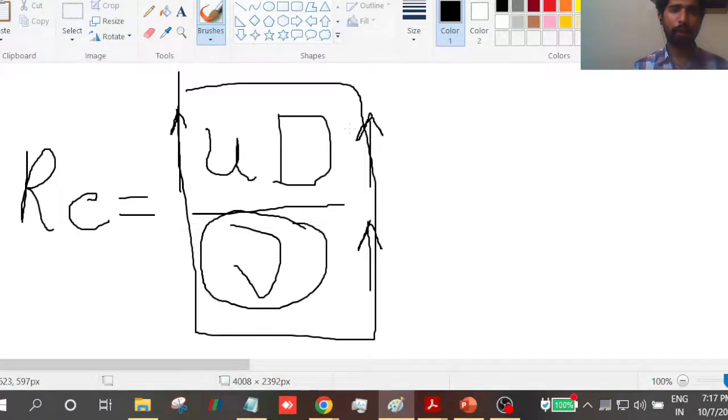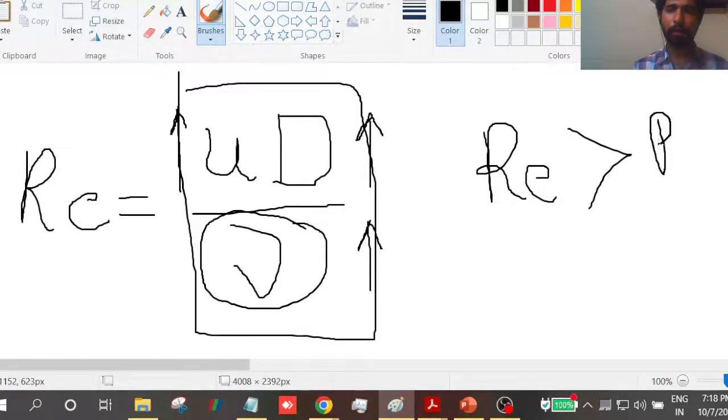So the higher the velocity and the length scale, you will get turbulent flow easily, and when the viscosity is low, at that particular instant also you will get a turbulent flow. What they mainly observed is that when this Reynolds number exceeds some critical Reynolds number, then the flow becomes turbulent in nature.